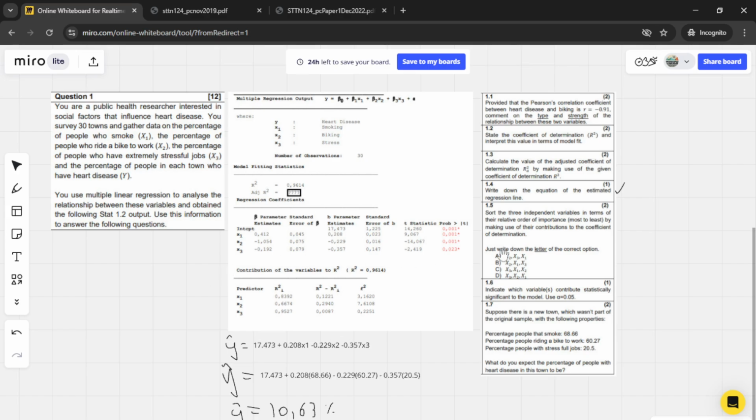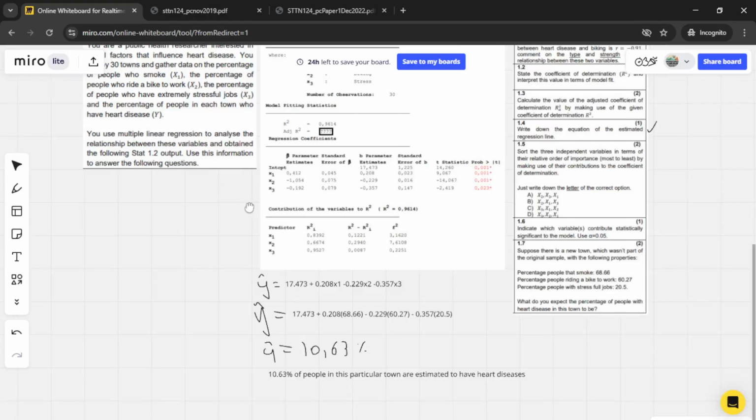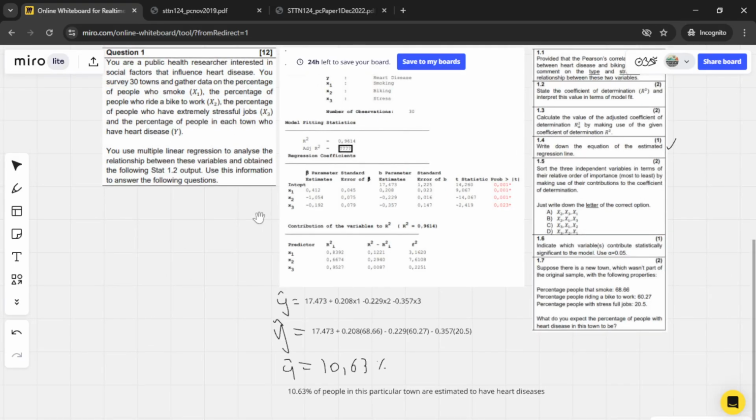The question is actually not here, but basically it says interpret the value of the coefficient of independent variables. The reason why I say independent variables and not x variables is I want you guys to get used to this statistics language of saying what is an independent variable, what is a dependent variable.